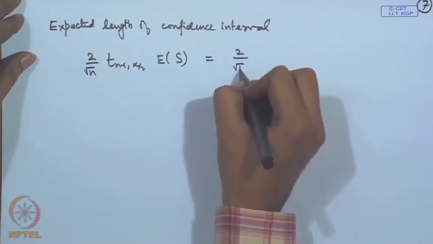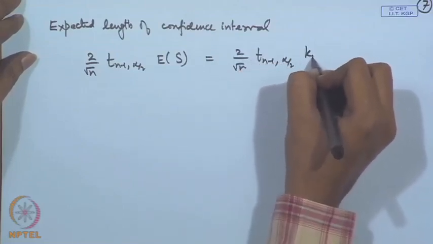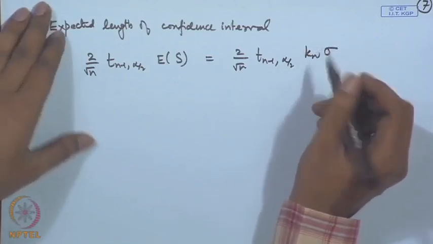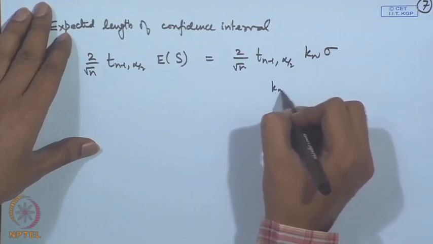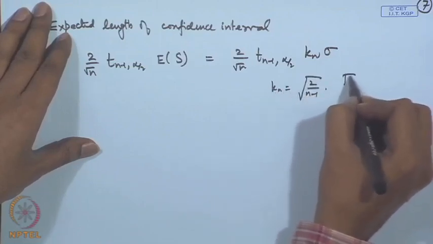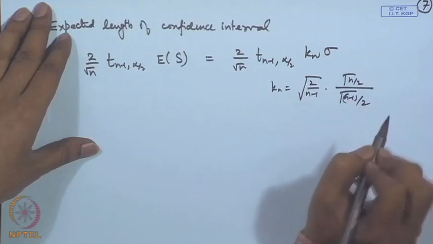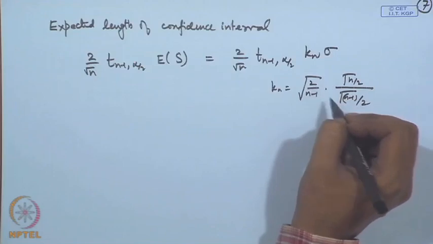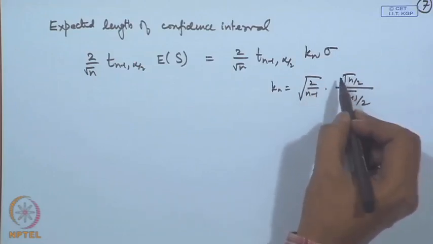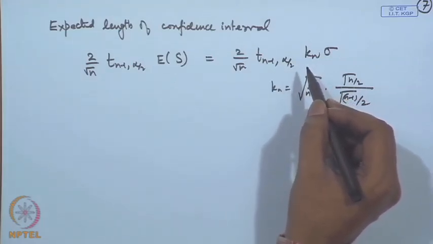So, 2 by root n t n minus 1 alpha by 2, some coefficient I will call k n, times sigma, where of course, k n was given by root 2 by n minus 1 gamma n by 2 divided by gamma n minus 1 by 2. This coefficient, of course, you can see again will go to 0 as n tends to infinity. So, that is satisfied here.